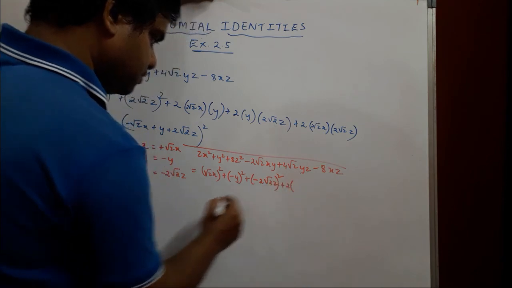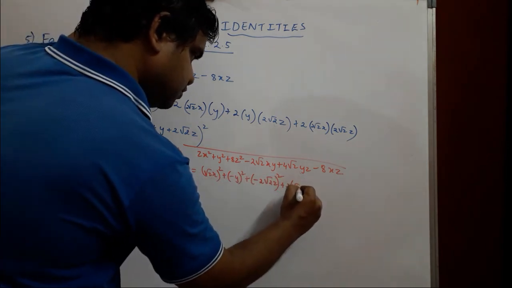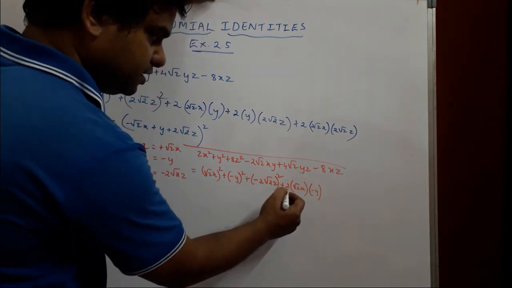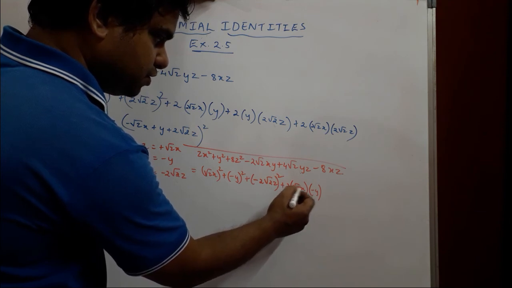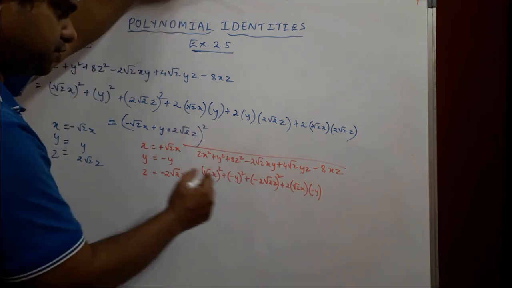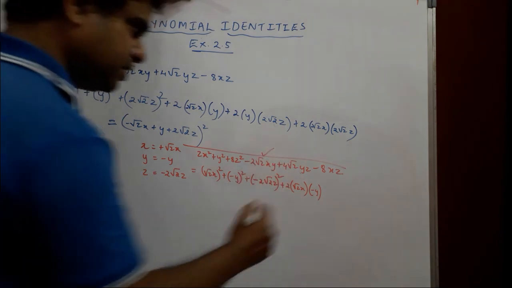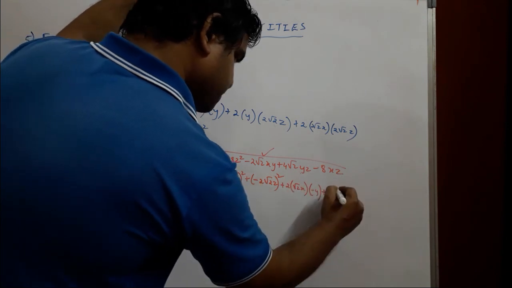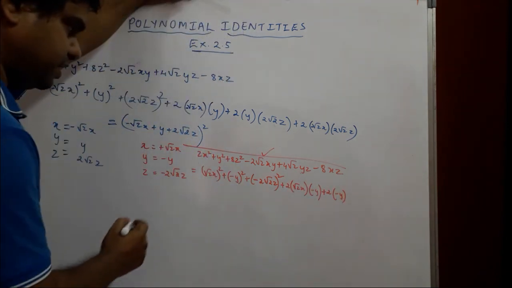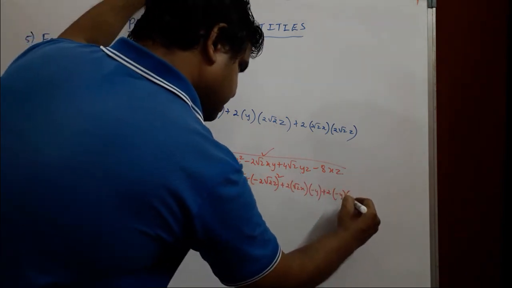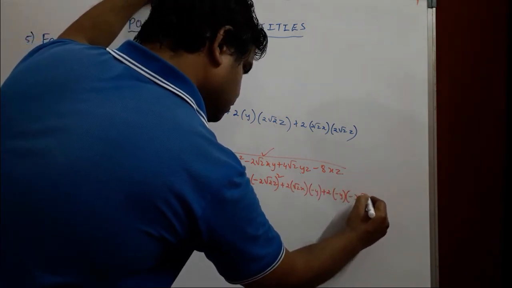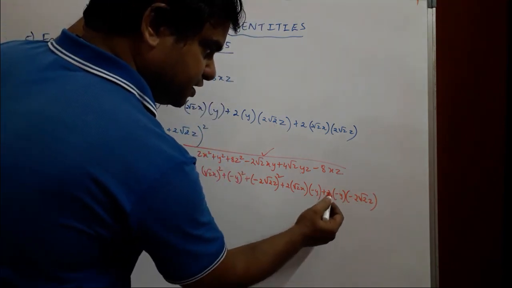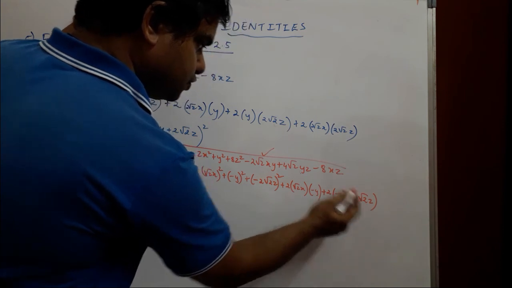Then this will be positive 2 into x, it is root 2x into y, which is negative y. So we get in this case 2 into root 2 is 2 root 2, but because of the minus sign we get minus 2 root 2 xy. Okay, so this term is satisfied. Next will be positive 2 into y, y is negative y, and z is negative 2 root 2 z. So positive into positive will give us positive, and that is 2 into 2 is 4 root 2 yz.